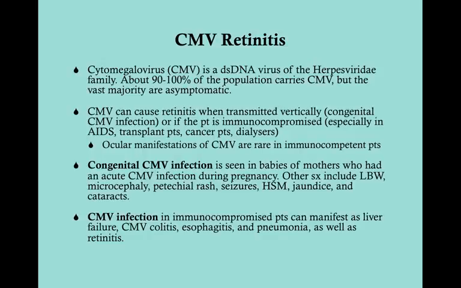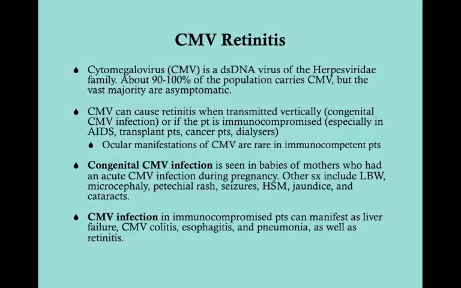So the congenital CMV infection is seen in babies of mothers who had an acute CMV infection during pregnancy, and then the other symptoms of CMV infection are kind of common to those TORCH syndromes. They include microcephaly, petechial rash, seizures, liver enlargement, jaundice, and cataracts.